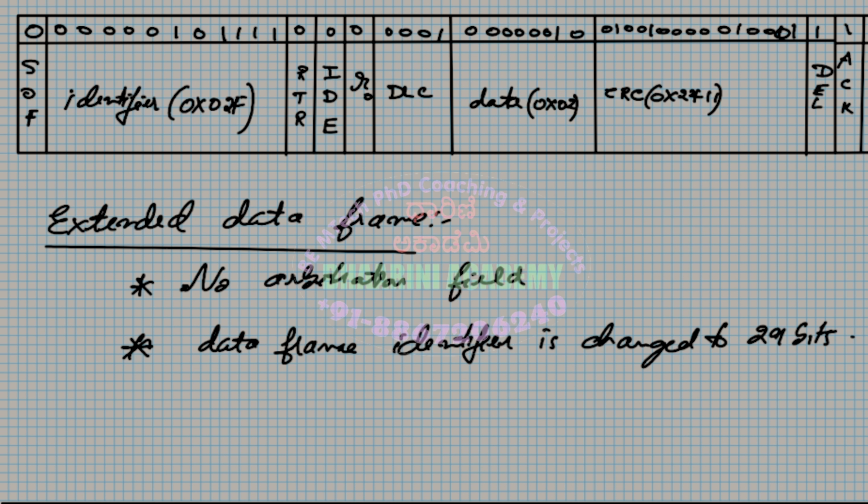All right. Fine. The second frame that we use in the CAN protocol is called a remote frame. When the remote frame is used, if you remember, we just wrote one sentence. What is the application of each of the frames?